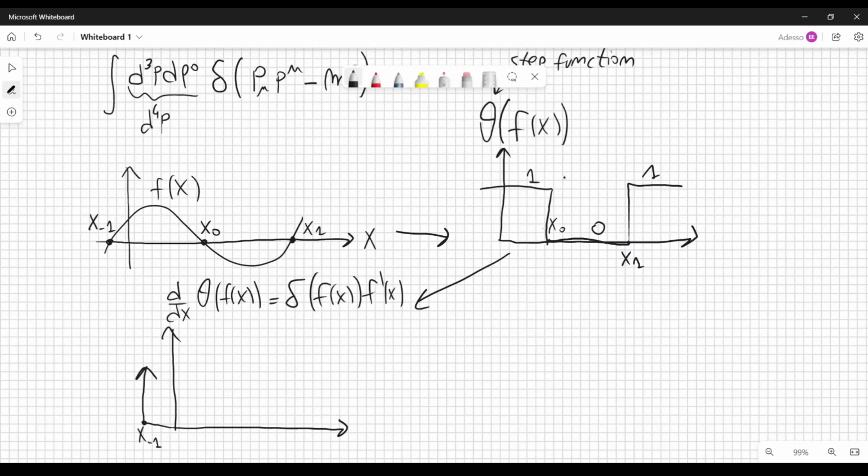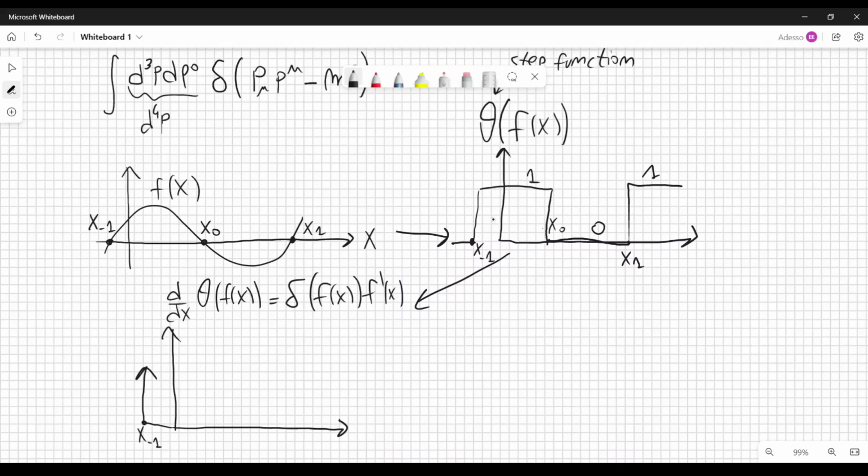In particular, this is the function f of x, but the function theta of f of x will be equal to 0 before the point x sub minus 1, and it will be 1 after x sub minus 1.